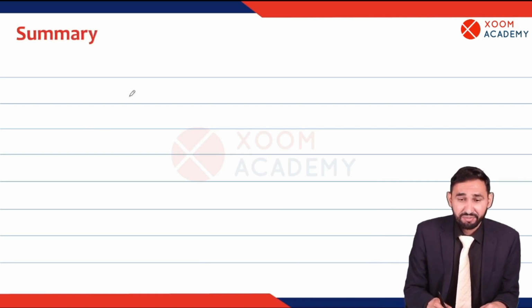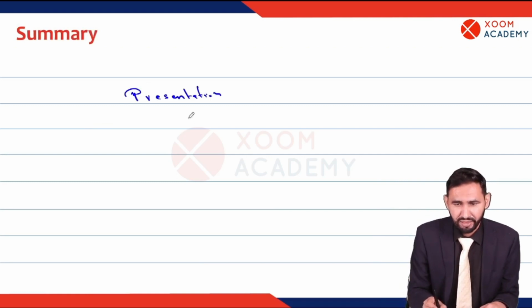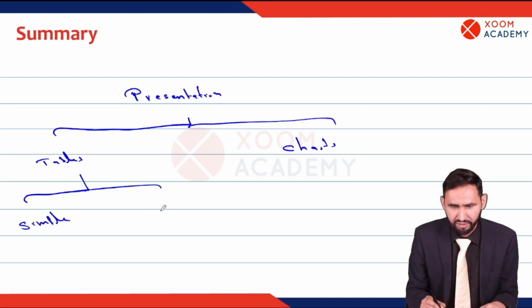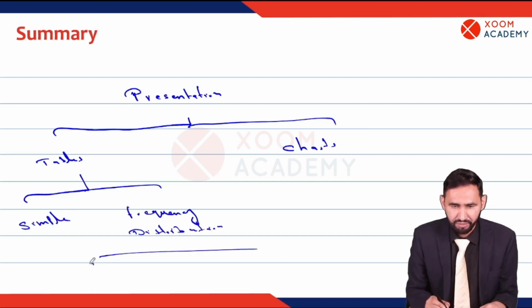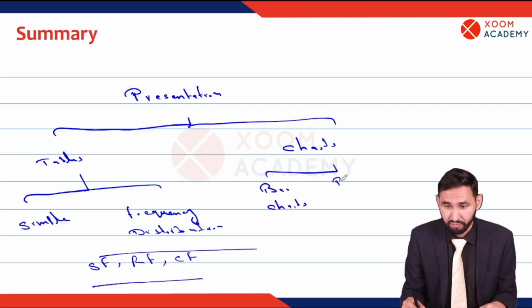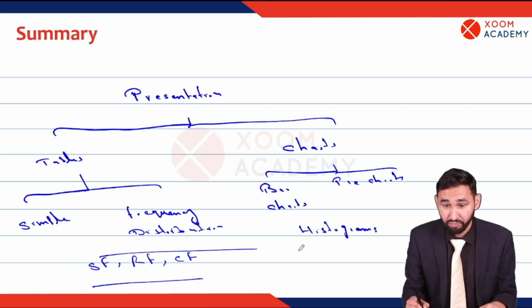Now we'll summarize. We have discussed presentation of data. Data can be presented in the form of tables and charts. There are two types of tables: simple tables and frequency distribution tables. Frequency distribution tables include simple frequency and relative frequency, and we find cumulative frequency from these tables. Charts include bar charts, pie charts, histograms, and frequency polygons.